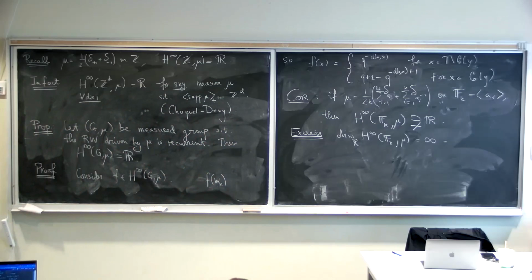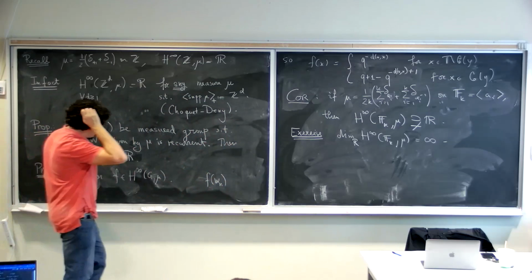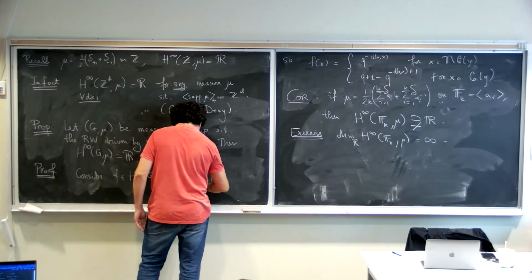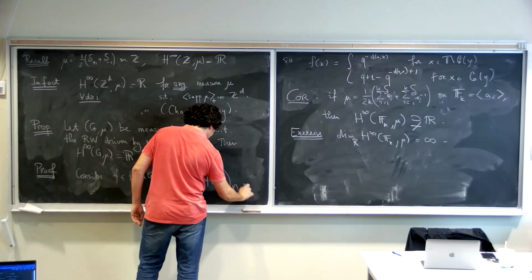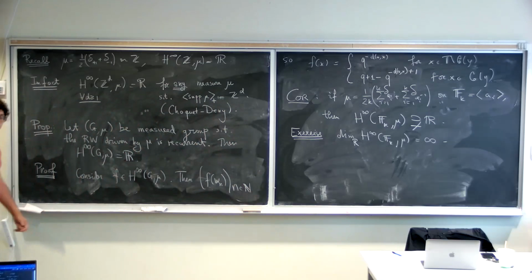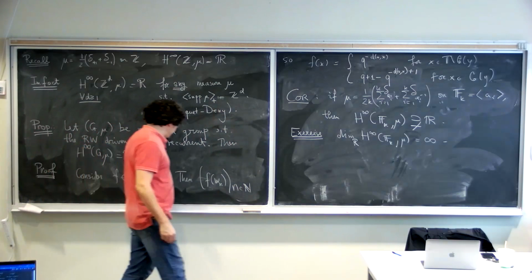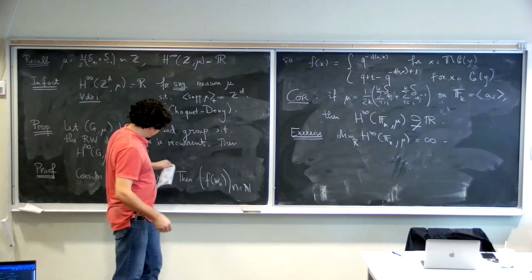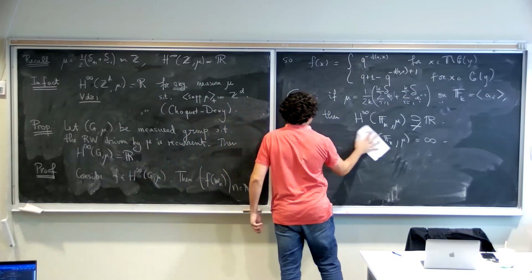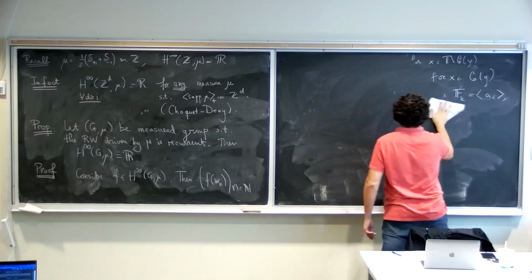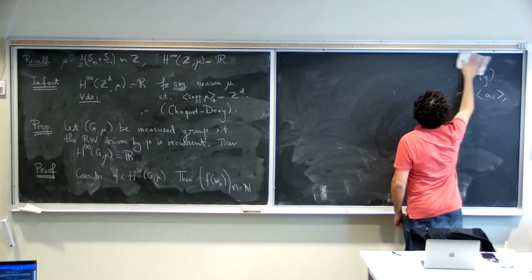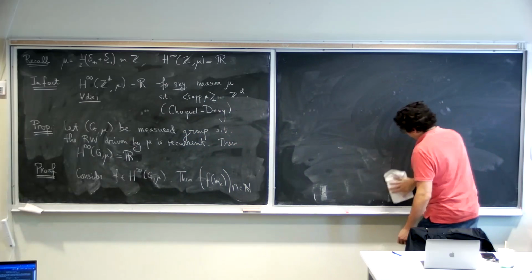Looking at f of W_n as a random variable, this is also a martingale. We basically already saw this proof. Because of the harmonicity of f, f is on average constant.